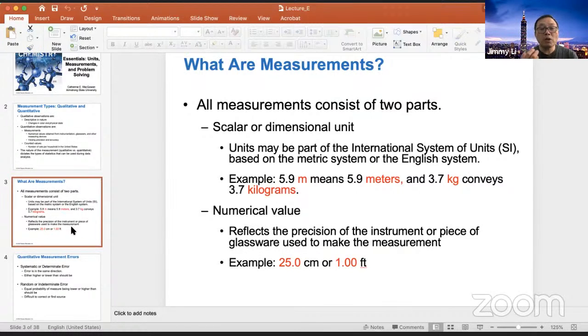Now, whenever we talk about numbers, it's quite important that we include the units. It's really, really important you understand that, because 10.0, 10.0 what? Is it 10.0 kilograms or 10.0 pounds? That's a big difference, because I weigh 200 pounds.